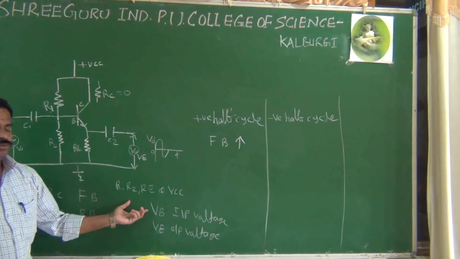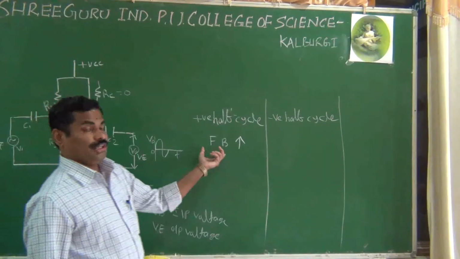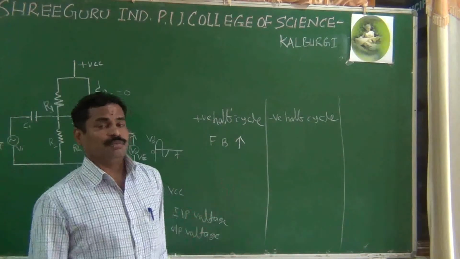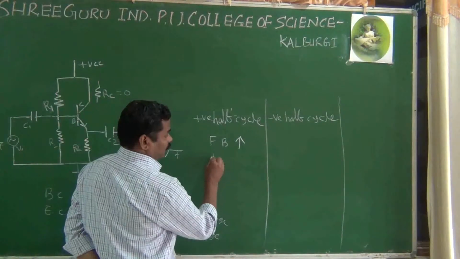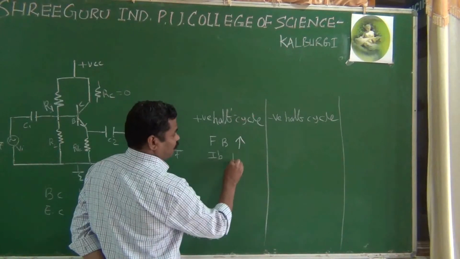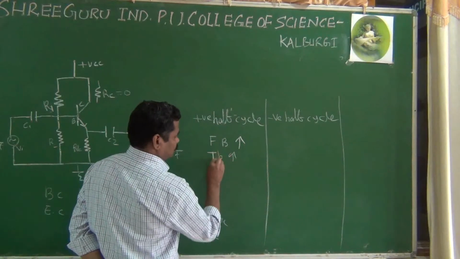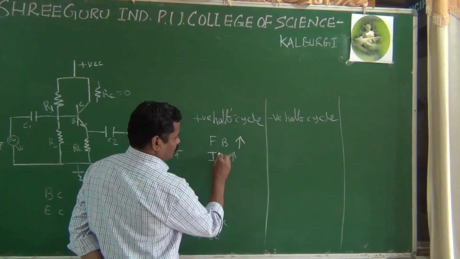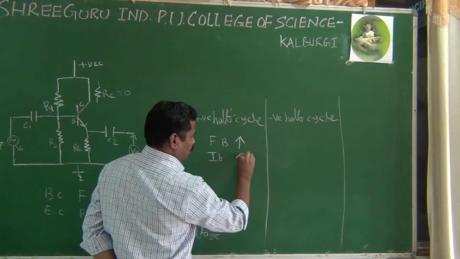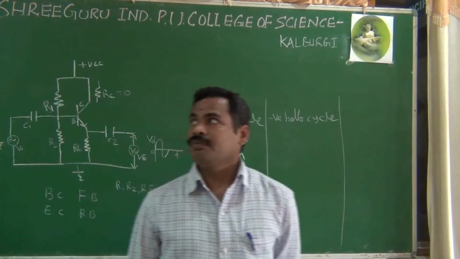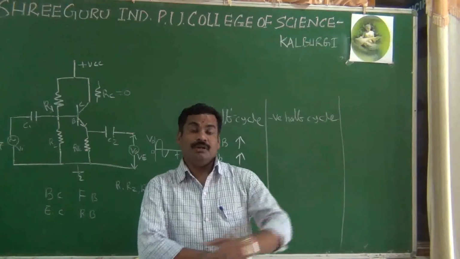Whenever the forward bias increases, the input current, IB, the base current, increases. Especially for your common collector amplifier, the input is the base current and the output is the emitter current.